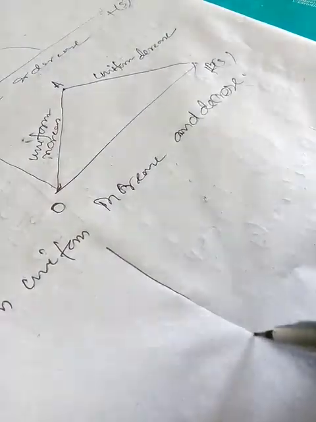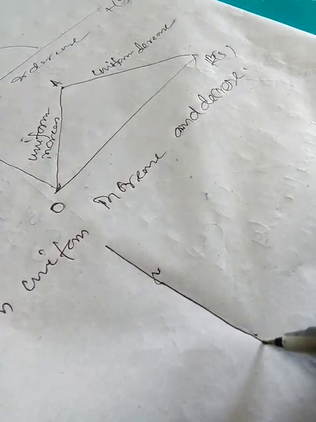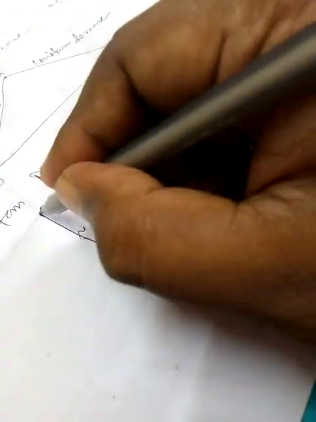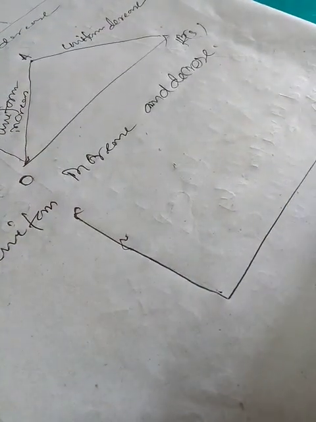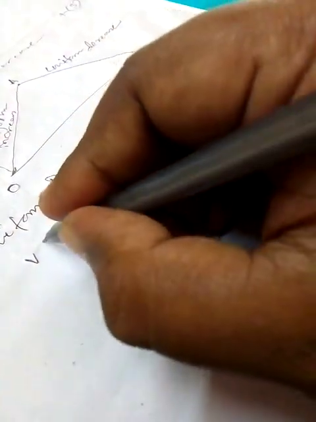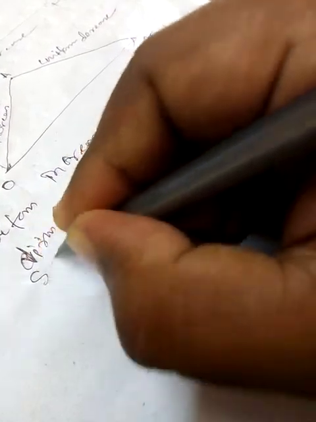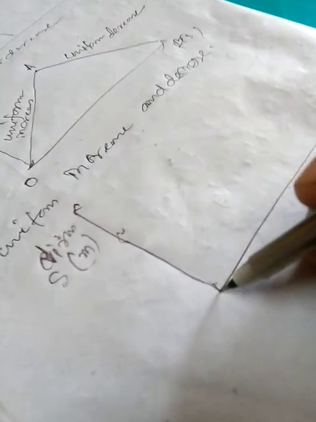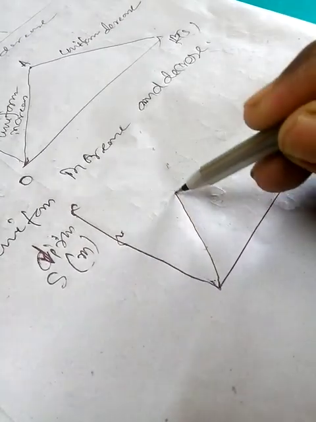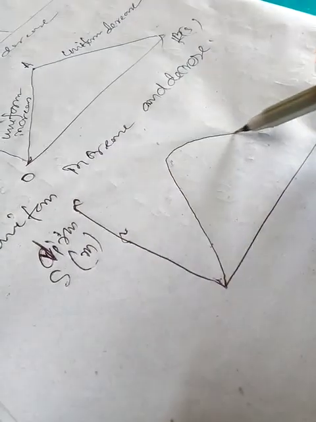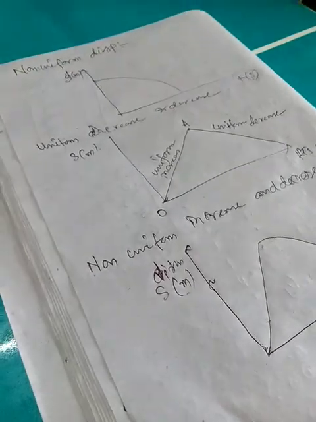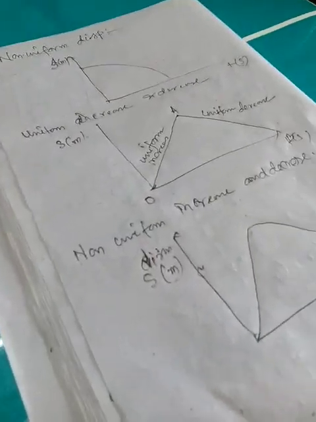Okay, so it is increased non-uniformly and then it is decreased. Okay, see, it shouldn't be a straight line. I think you can understand the whole thing.